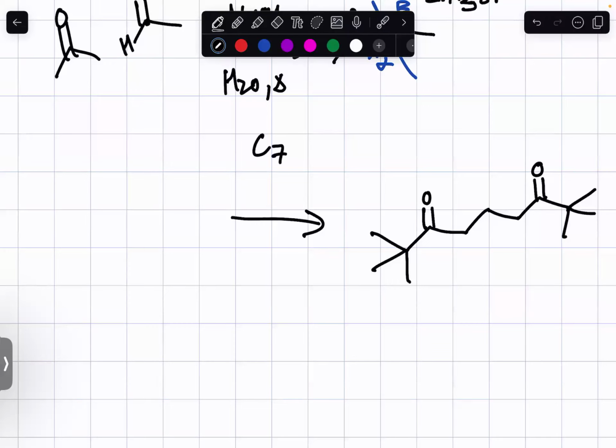You are restricted to 7 carbons max, right? So any starting material you want has to have no more than 7 carbons. You can have less, or you could have exactly 7.